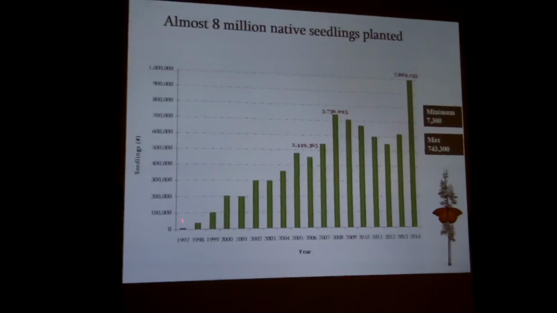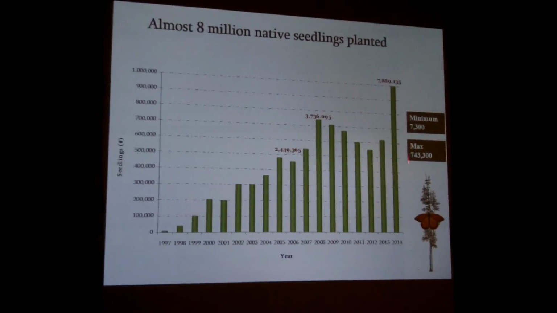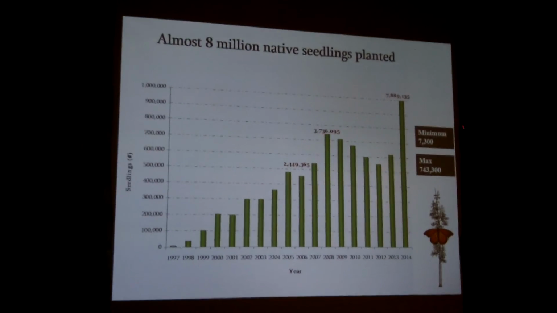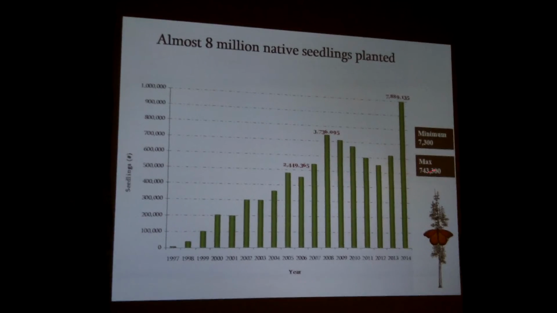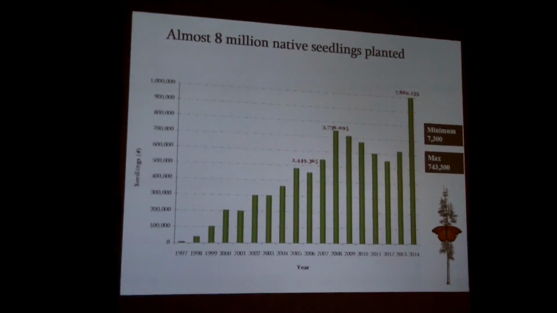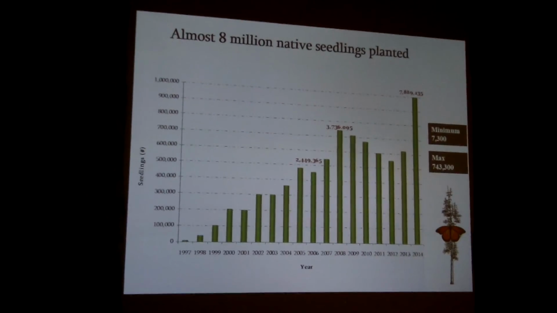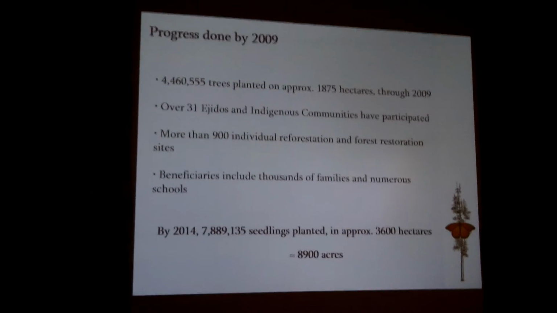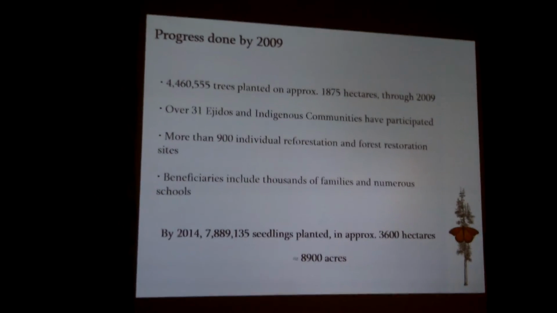So we started with about 7,000 trees, and the maximum trees that we were able to plant before the 1 million trees that we planted last year was 743,000 trees. So yeah, it has been a very successful reforestation program. So this is 2 minutes.